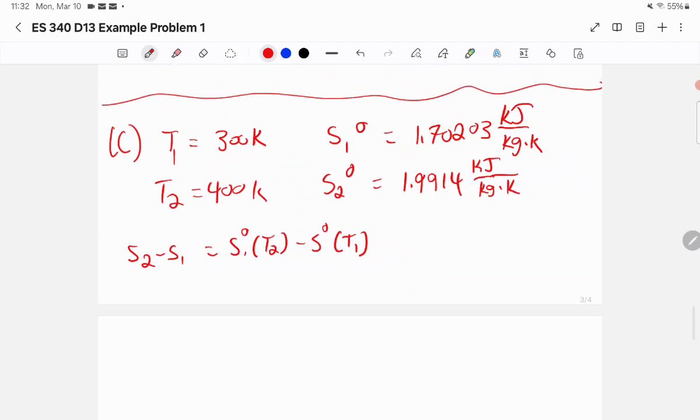That's what I mean by these S1 and S2 being of T1 and T2. Minus R times the natural log of P2 divided by P1. Okay, that was our equation. We have another one with the specific volume, right? We can deal with that as well. But this one is for the pressure.